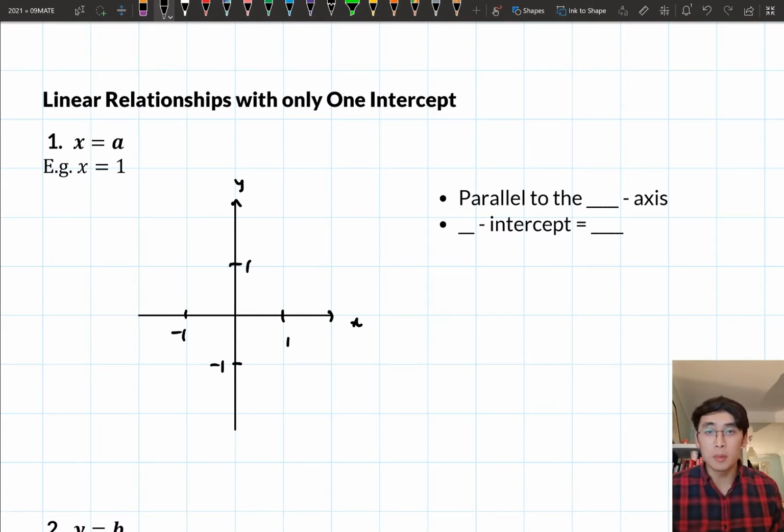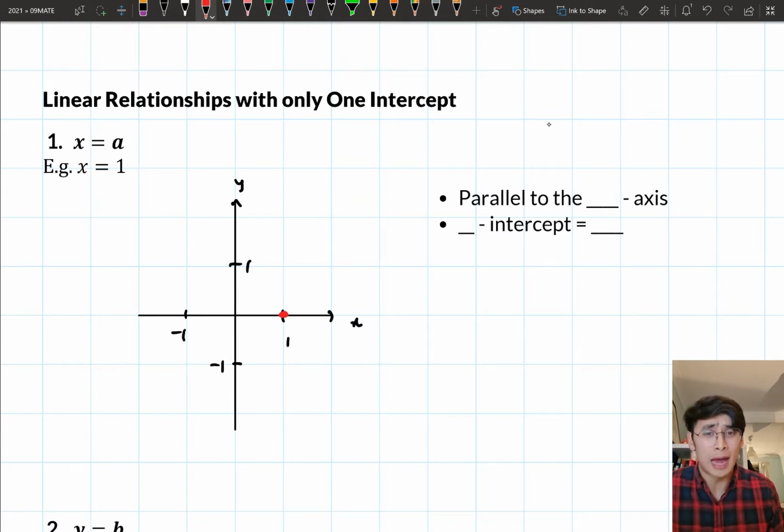What we want to do is find a few points where x is equal to 1, where we have an x coordinate equal to 1. There are quite a few spots where x is equal to 1. The first one you might think of is this point over here. When you see x is equal to 1, that can refer to our x-intercept at 1. So we can have that point there.